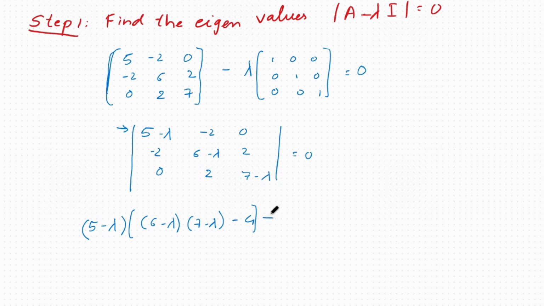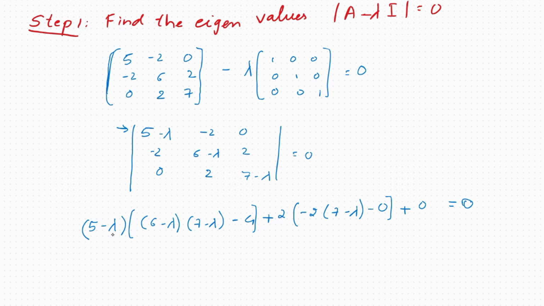Next, minus of minus 2 is plus 2. 2 into, now let's remove this column and this row, 2 into 7 minus lambda minus 2 into 0 is 0, plus 0 into something will be 0, is equal to 0.